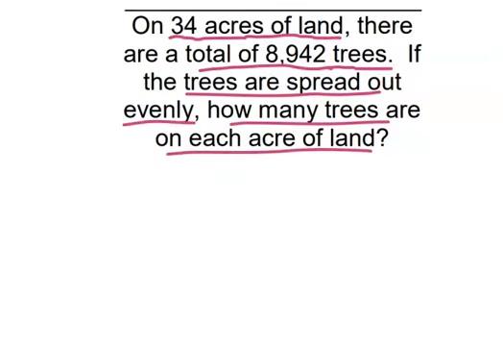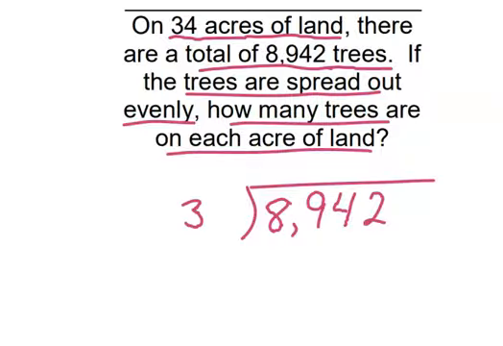Well, what we're going to have to do is we're going to have to take the total number of trees, 8,942, and we're going to have to divide by 34. Okay, so each acre is going to have an even amount of the trees because they're all distributed perfectly.